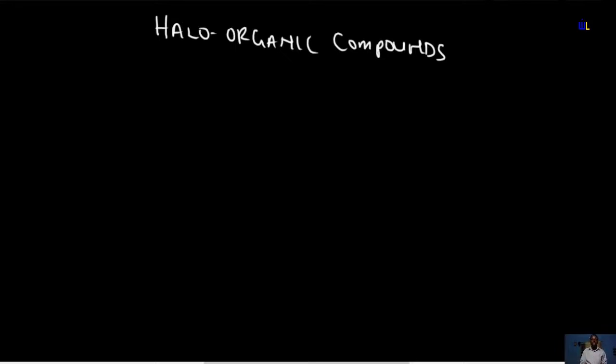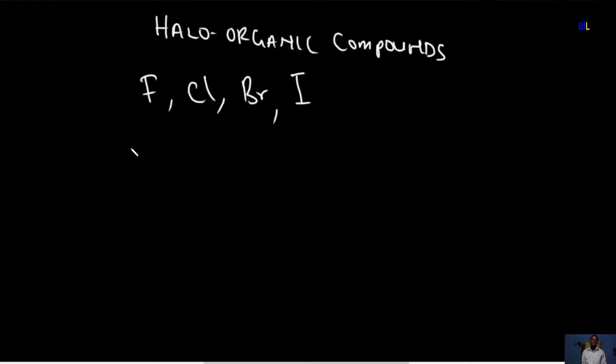The halogen group basically consists of your group 7 elements. Examples are fluorine, chlorine, bromine, and iodine. These are your major group 7 elements. There's also astatine, but these are the ones we are going to be considering.